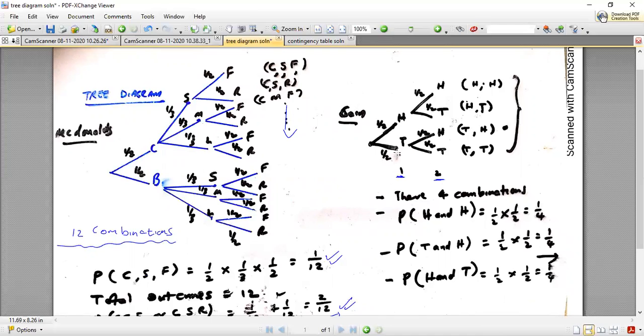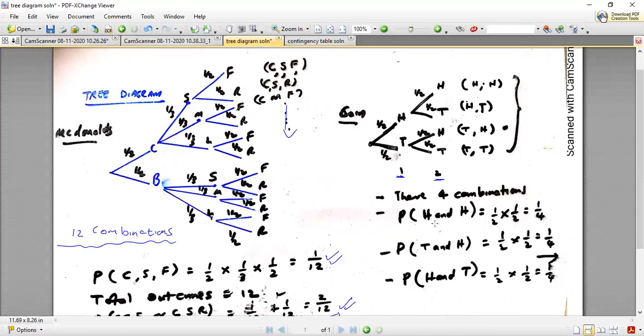You either get a head or tail in the first toss, and a head or tail in the second toss. So if you follow our branches, there's the outcome. Head and a head, head and a tail, tail and a head, tail and a tail. So there are four combinations. One, two, three, four.